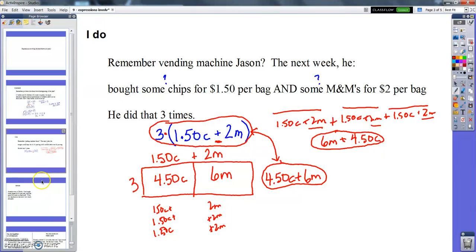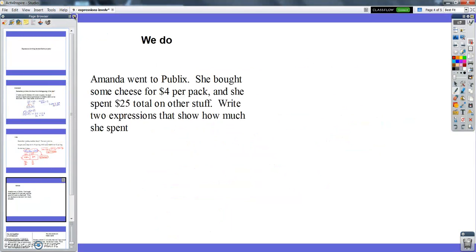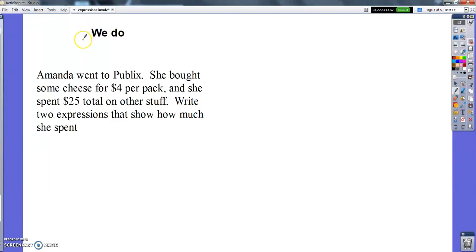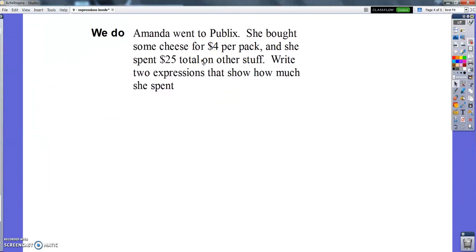All right, let's do one together. Open up your notebook, and let's do this. Amanda went to Publix. She bought some cheese for $4 a pack, and she spent $25 on other stuff. Write 2 expressions that show how much she spent.